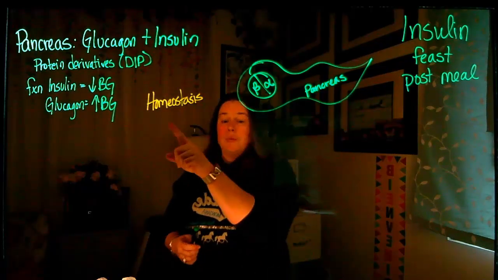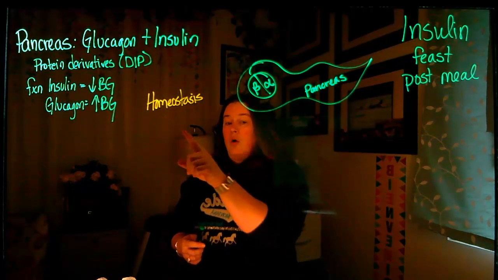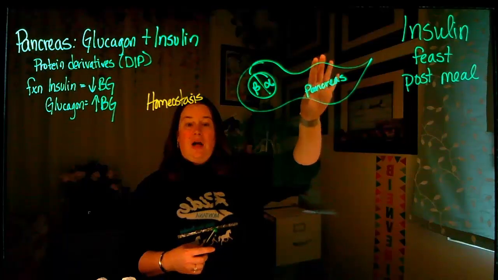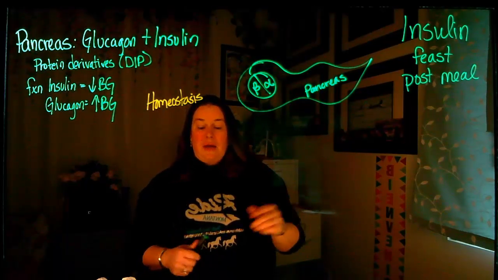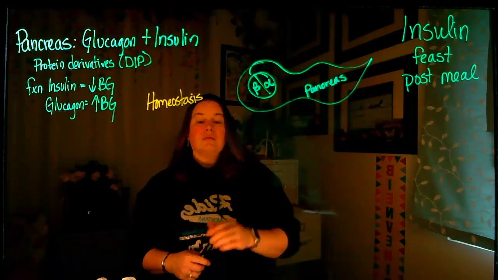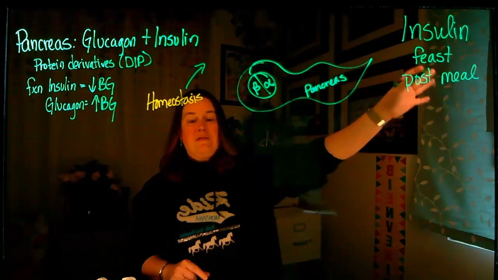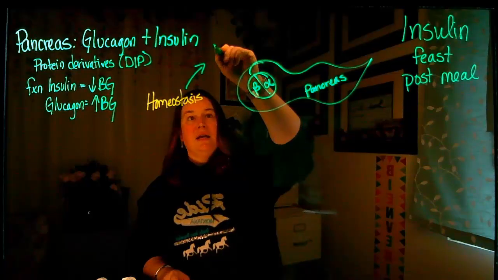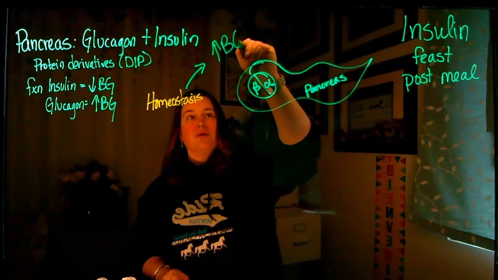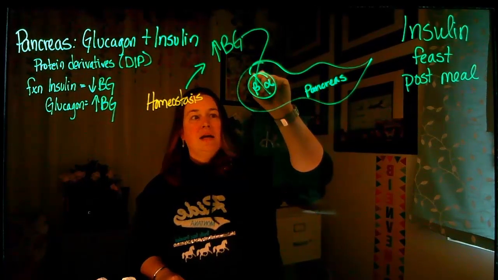So again, we have homeostasis up here as our net goal. We have our pancreas with our alpha and our beta cells in our pancreatic islets of Langerhans. And in this case, when homeostasis after a meal is involved, we're going to see an increase in blood glucose levels. And that is the key.